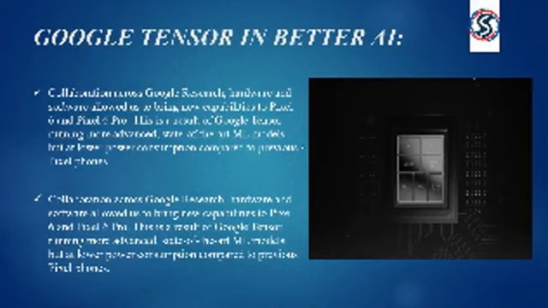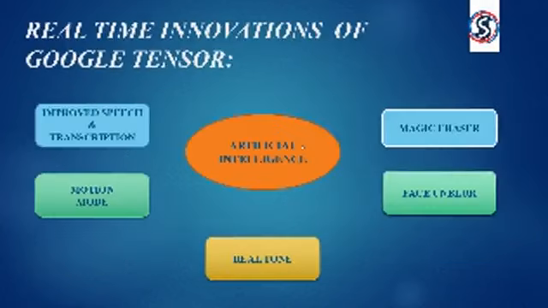Also, we are able to better communicate with people in the language that we are most comfortable with, thanks to the Google Tensor and the new live translate feature on Pixel 6 and Pixel 6 Pro. In chat apps like Messages and WhatsApp, users can translate directly in the chat.